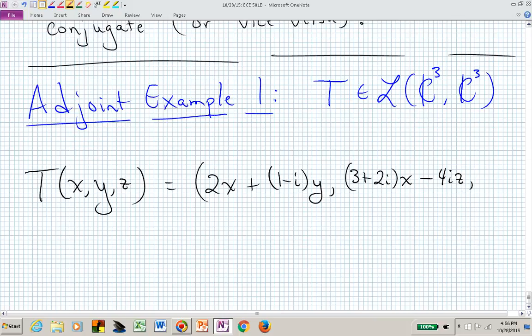I need to map to 3 coordinates since I'm going from C3 to C3. And the final third coordinate is 2i scaling x plus the complex number 4 minus 3i times y minus 3z.